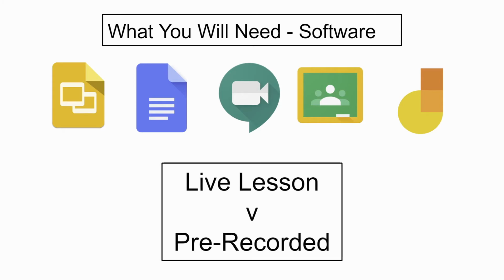And you might be wondering, live lessons versus pre-recorded. Well, both have got massive advantages. You will definitely want to do a live lesson at least once or twice a week. Pre-recorded lessons are fantastic because you can quickly do one. It's very simple, you can literally do one in 5 minutes.